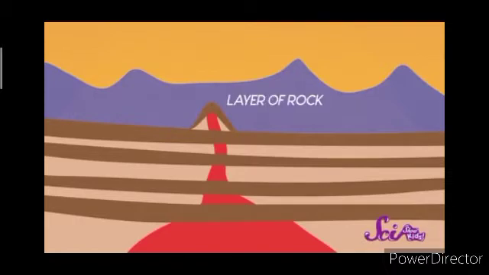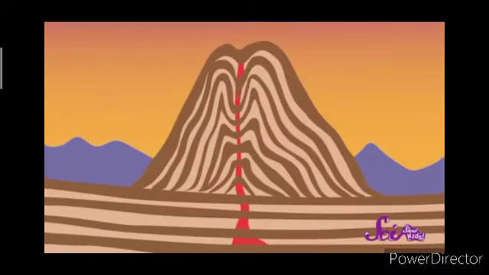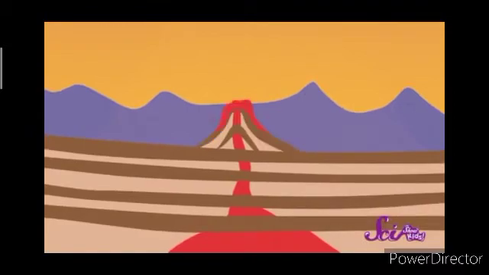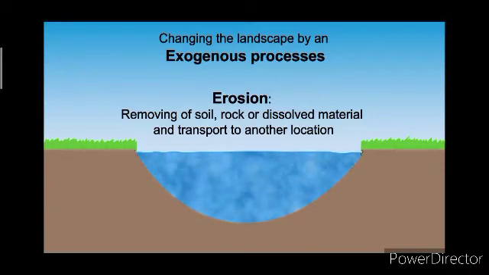So how are plateaus formed due to tectonic movement or internal forces? When lava erupts from cracks on the earth's surface, it spreads in the surrounding areas, and then it cools down and eventually forms a plateau.